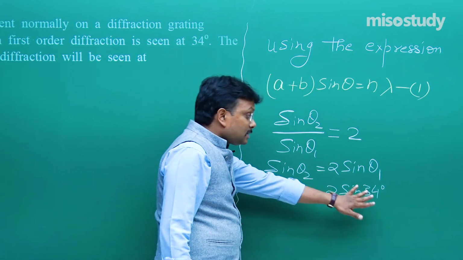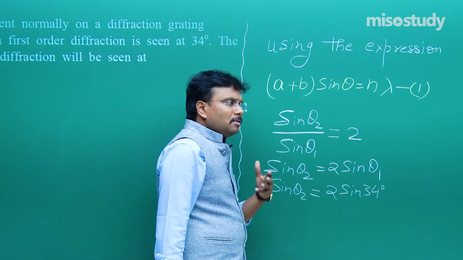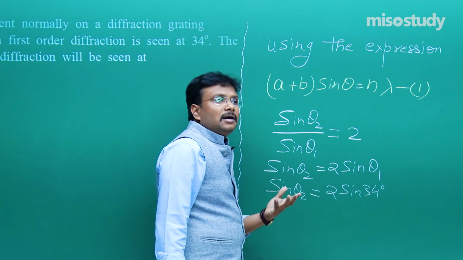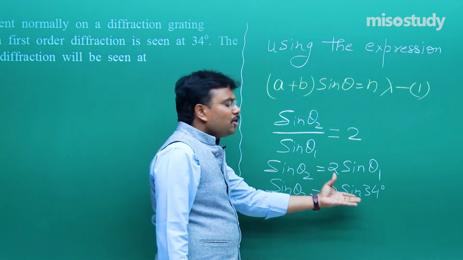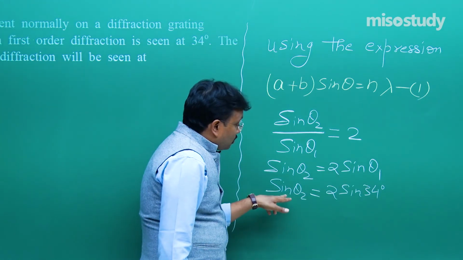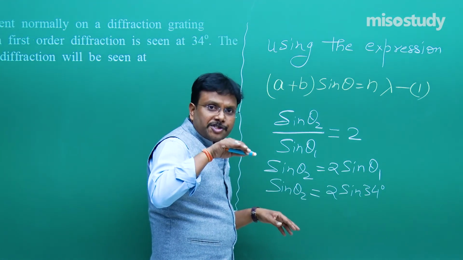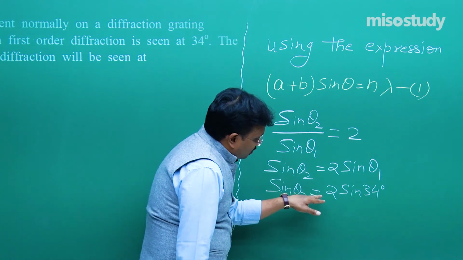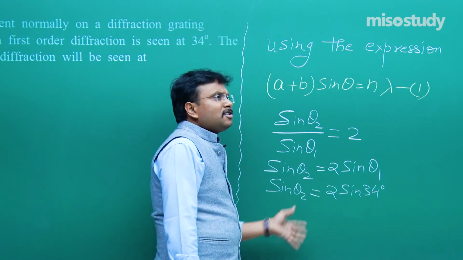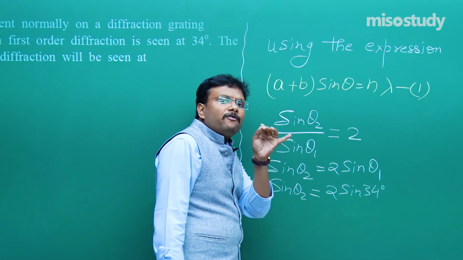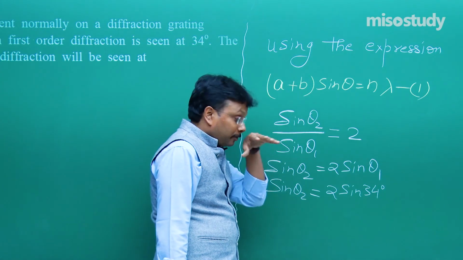In general, these types of angle values are provided at the start of the question paper, so you need not remember these values. Or even at the bottom of the question they may be given. So sin theta is equal to 2 sin 34, and sin 34 is roughly 0.55 or 0.56.